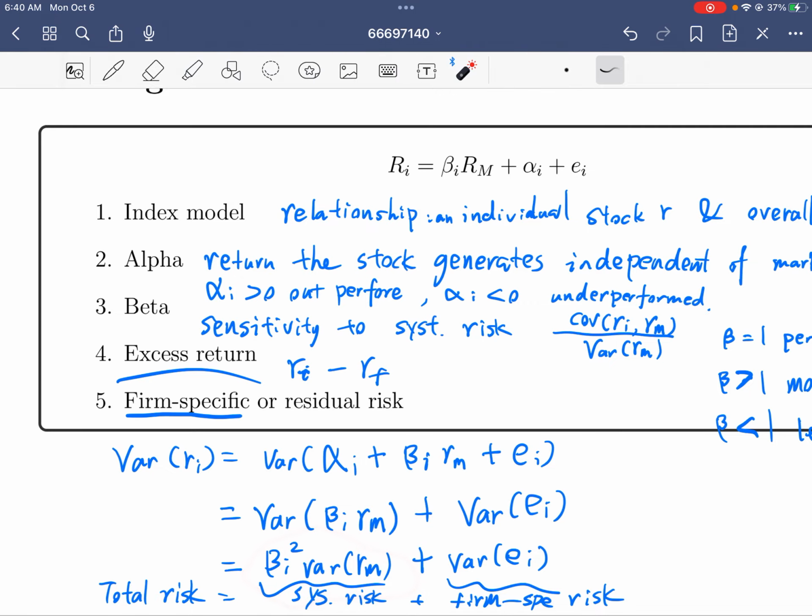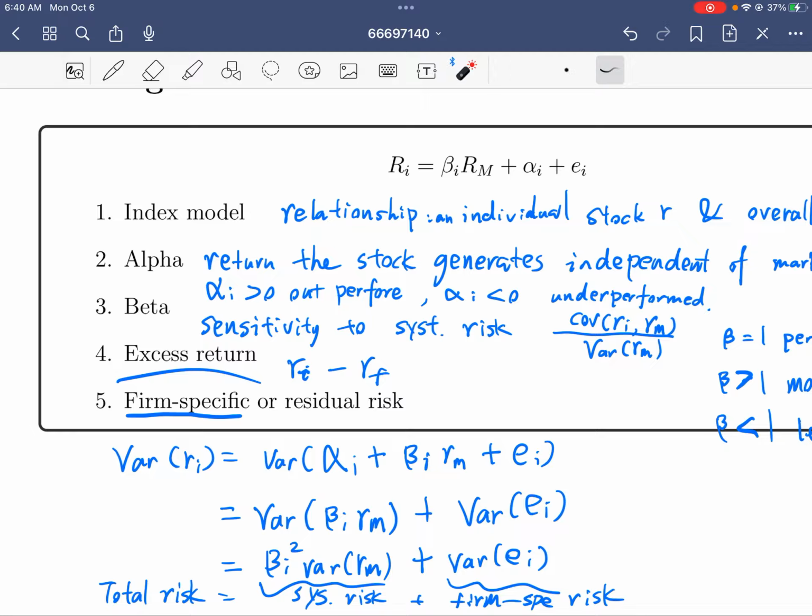But the first part, the square of beta times the variance of the market, is the systematic risk times the sensitivity to the risk of the market. So this whole part is our systematic risk.